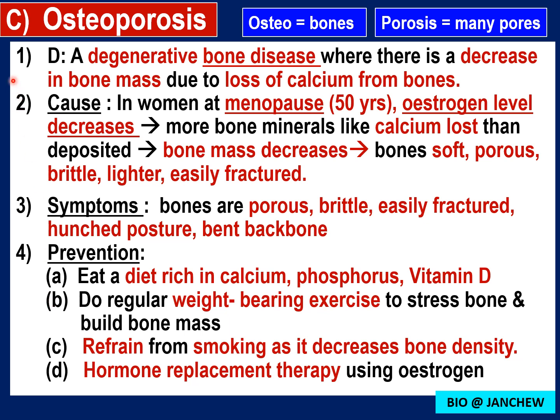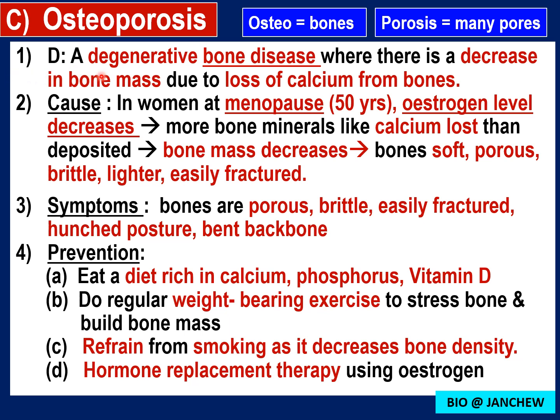The third condition is osteoporosis, which is a bone disease. Osteo is a word that means bones, and porosis is a condition where the bone has many pores or holes. So osteoporosis means bones with holes.